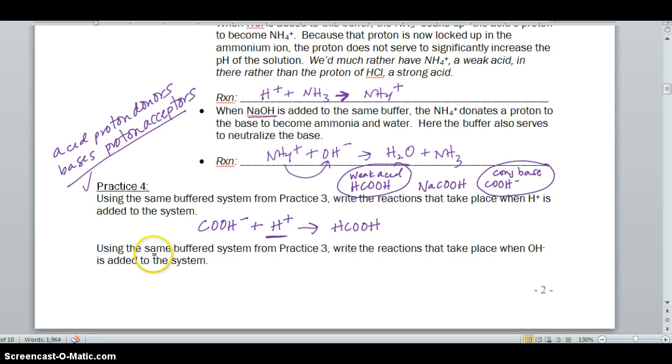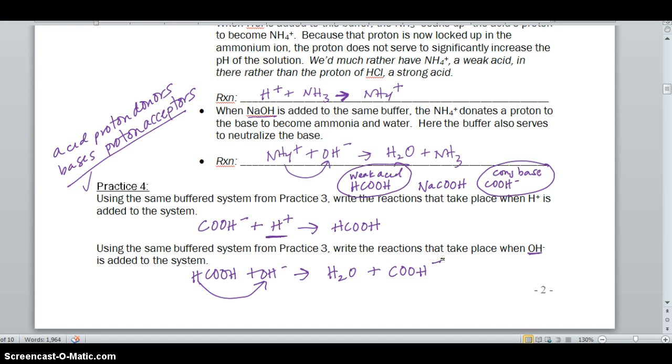Alright, so same buffered system. Now we're stressing it with OH minus. Well, the conjugate base can't do anything to neutralize OH, because they're both bases. A base can't neutralize a base. But you've got the weak acid sitting there. So you say to yourself, okay, well the weak acid is going to do what acids do. So HCOOH is going to donate a proton to OH minus, and it'll form water and HCOO minus.